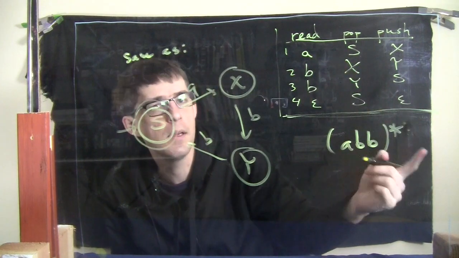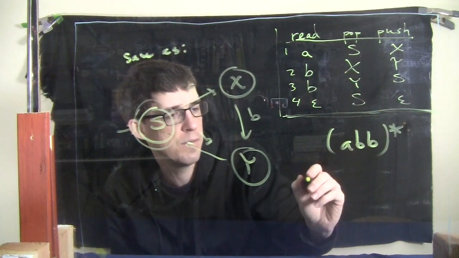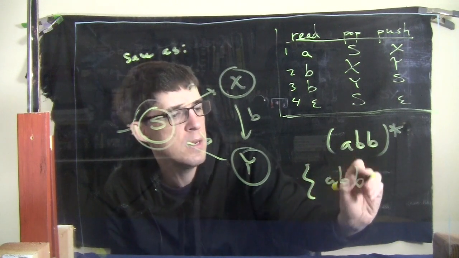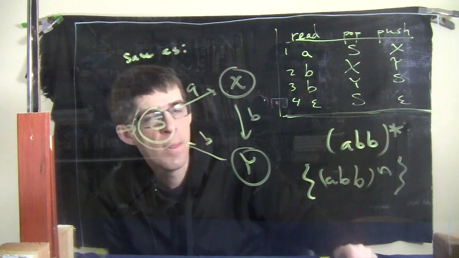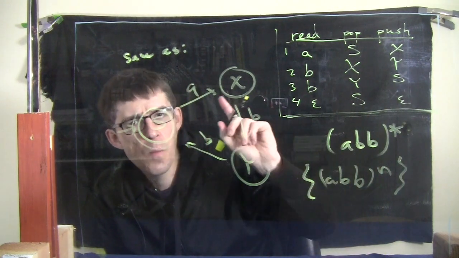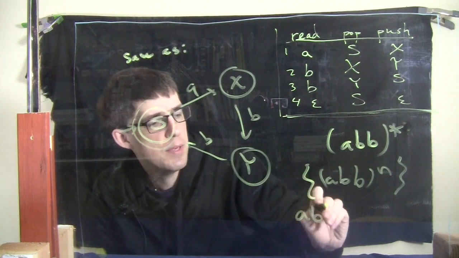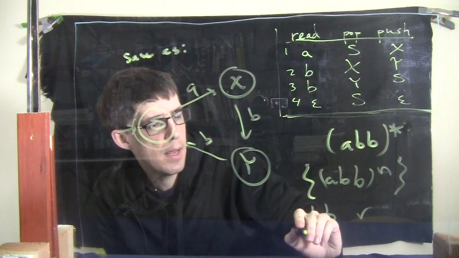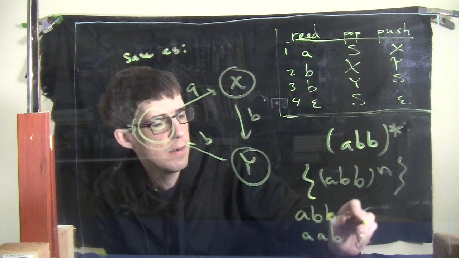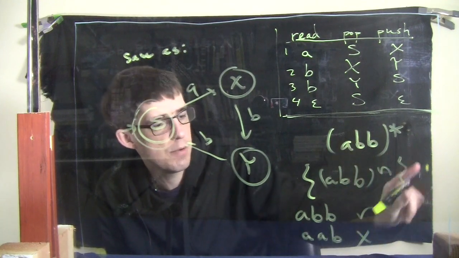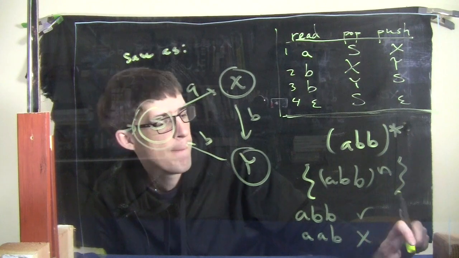So it's any multiple of this. So the language, if you wanted to write it as a set, well, it's just (ABB)^n, right? That's why, I remember, when we started with this example, we checked that ABB was accepted, but AB was rejected, right? And you can see now why. ABB is part of this language, but AB is not.